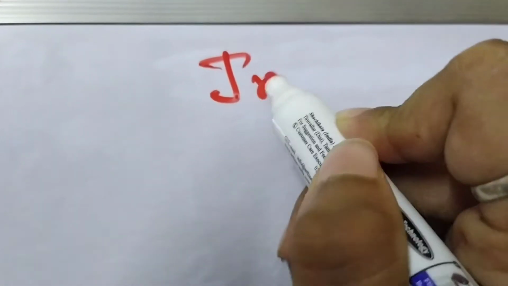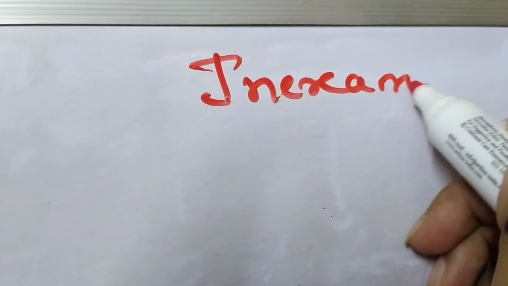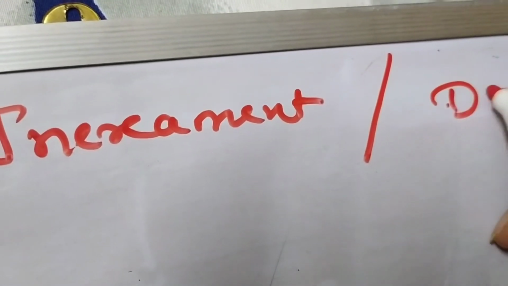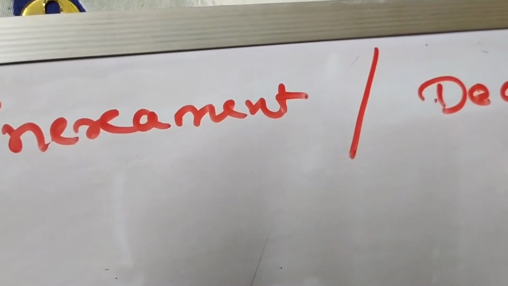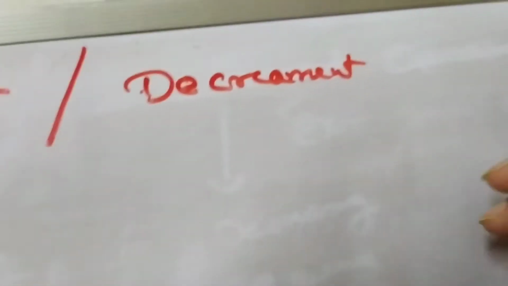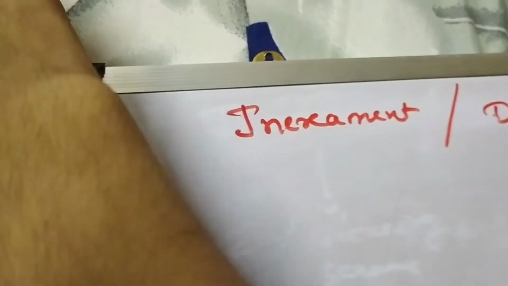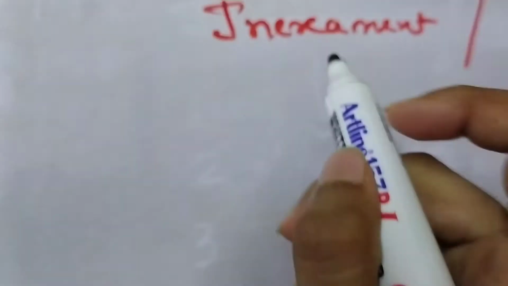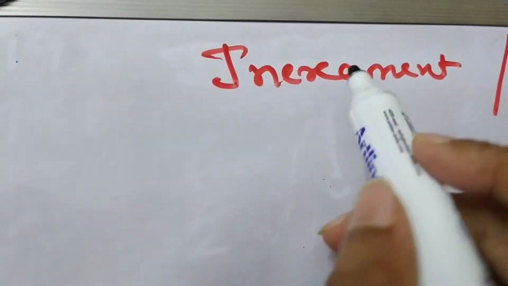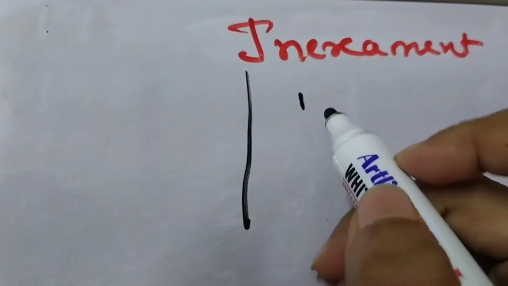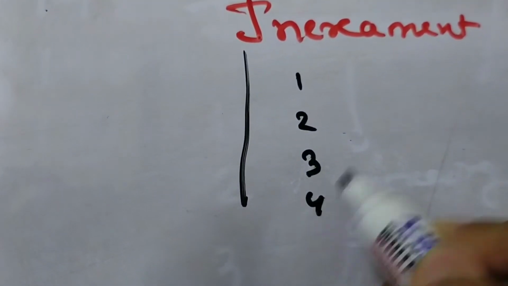So now the next topic is increment and decrement operator. The increment operator, as the name suggests, increases the value. Like suppose there is a series 1, 2, 3, 4.